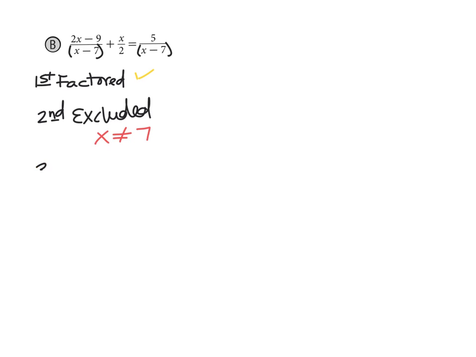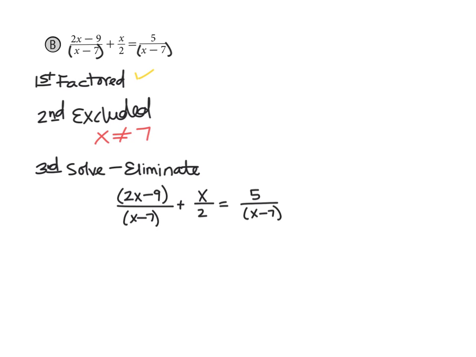All right, now we're on to our solving step, and we need to eliminate our fractions. To do that, we're going to have to multiply by the denominators. One of the denominators I need to get rid of is this x minus 7. To undo the division, I have to multiply every single fraction by x minus 7.